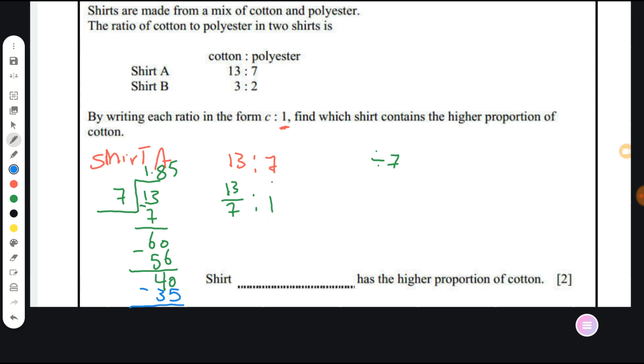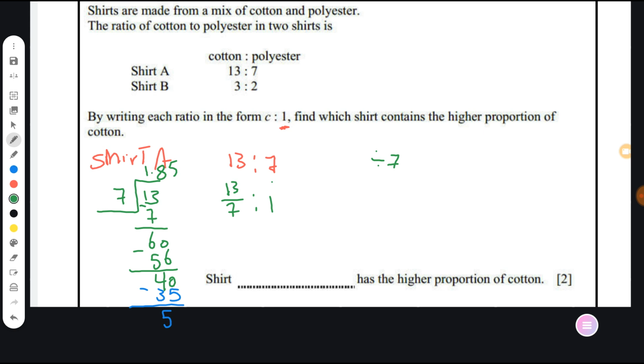Subtract, okay. So we can stop here actually, because it's a continuous fraction. So we may calculate the second term to see which one will be higher in cotton.